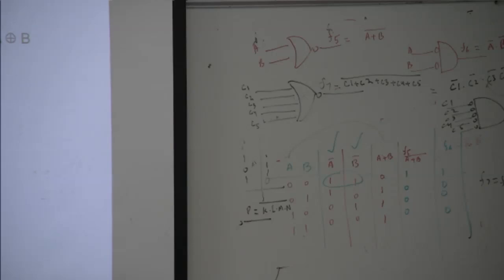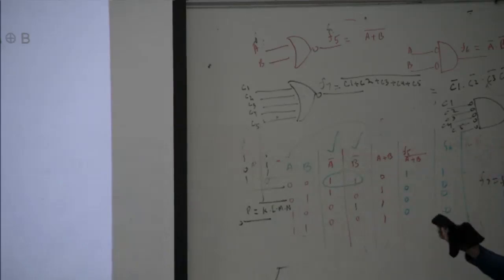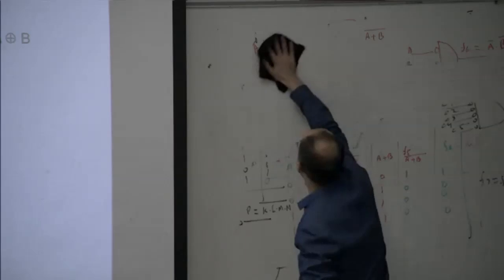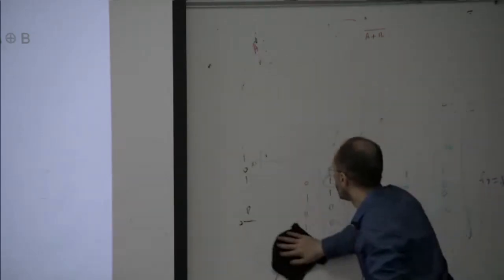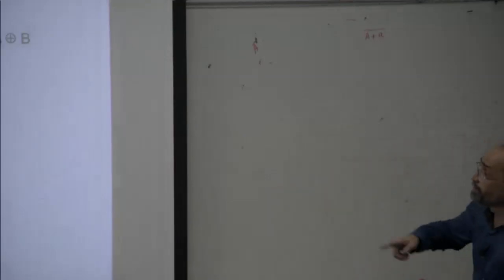Now we have another gate. We call this the XOR gate. XOR gate is also called the exclusive OR gate. Now we're going to have a detailed analysis of this exclusive OR gate.